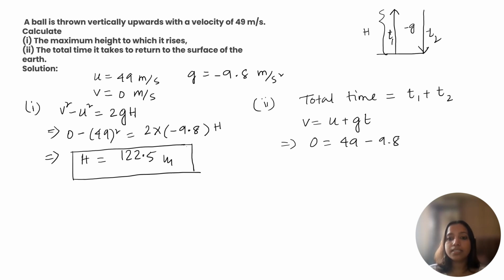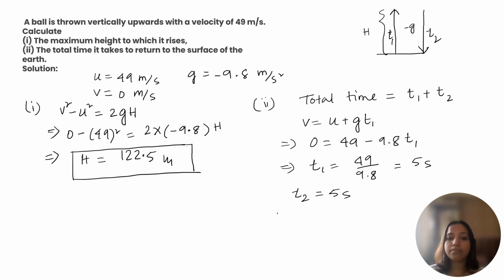So here, let's say this is t1, because we are using the data to calculate the time to ascend only. So t1 is equal to 49 divided by 9.8. So this is 5 seconds. So time to ascend and time to descend would be the same. So t2 would be 5 seconds as well.